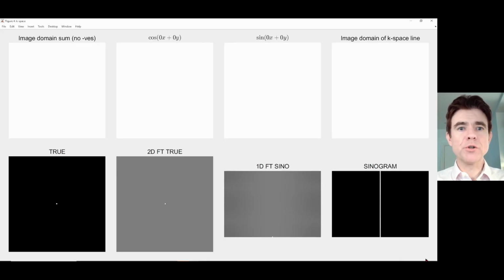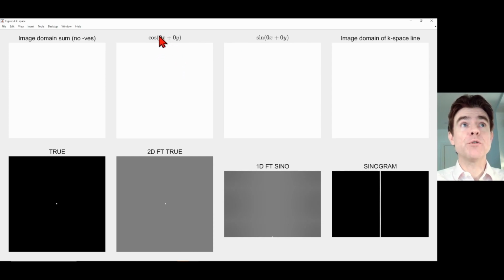Okay, so now I'm going to graphically illustrate what's going on in k-space. I'm starting off by visiting the center of that 2D Fourier transform, the 2D k-space, and I've got a little dot here to show which part of k-space I'm visiting. What I'm going to do is visit various values along a line in k-space. At the origin, that's the center of k-space, so kx, ky equal to 0, and that corresponds to a cosine and a sine basis function, a pair of basis functions.